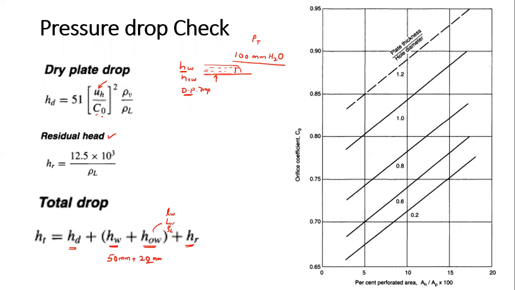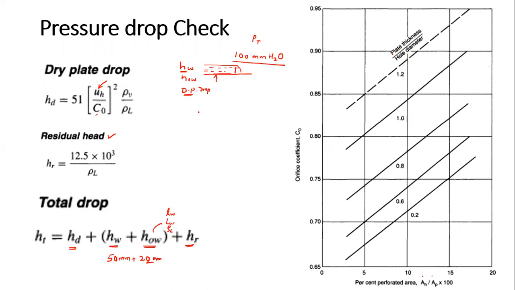The coefficient of orifice you can look up from a graph. It is based on the ratio of area of hole to area of plate. The ratio of hole area to active area was taken as 10%. And intermediate, we have plate thickness versus hole diameter.